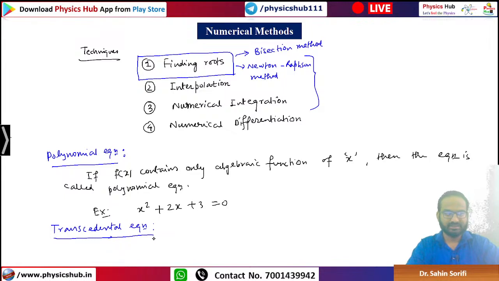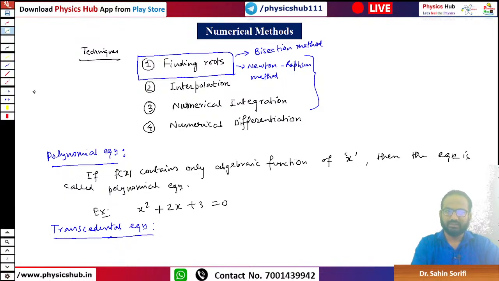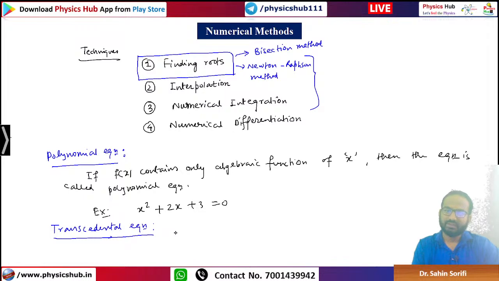So what is a transcendental equation? In a transcendental equation, it will contain algebraic function as well as some other function.